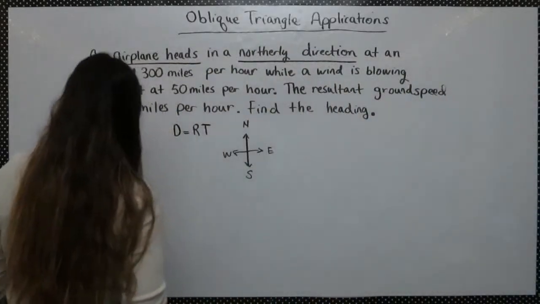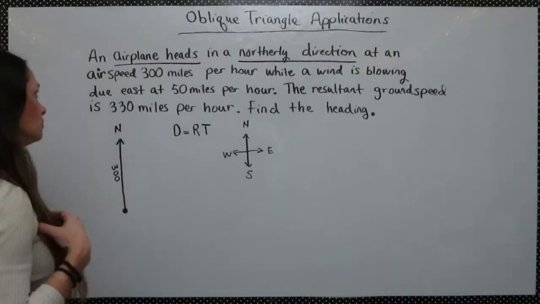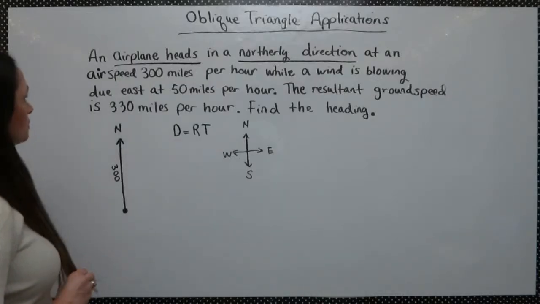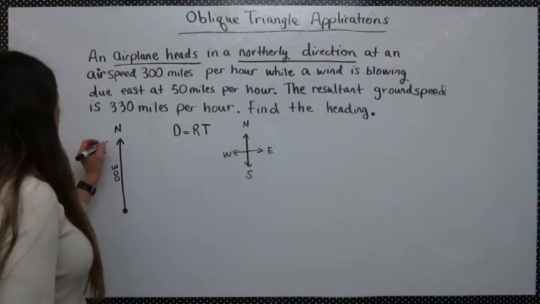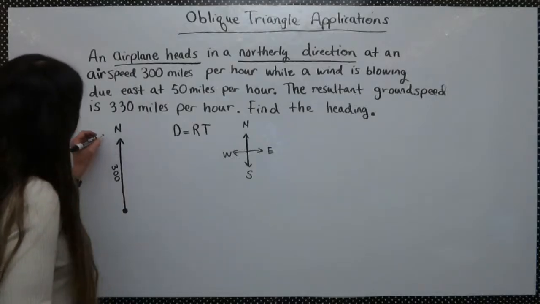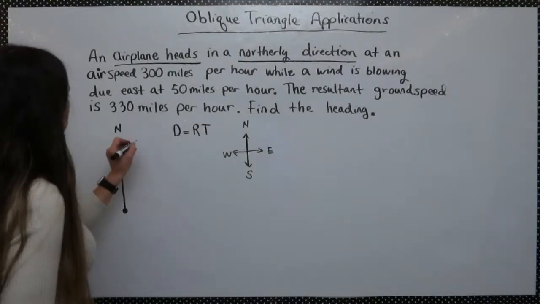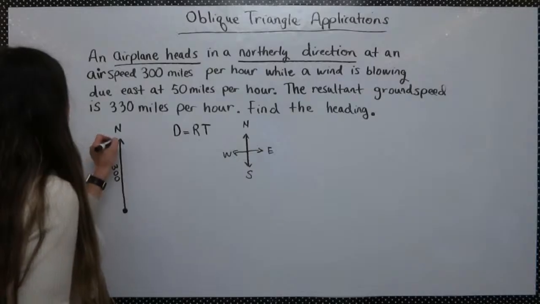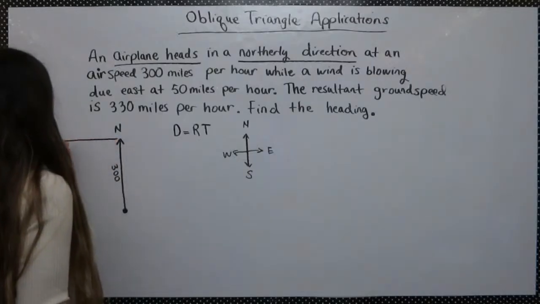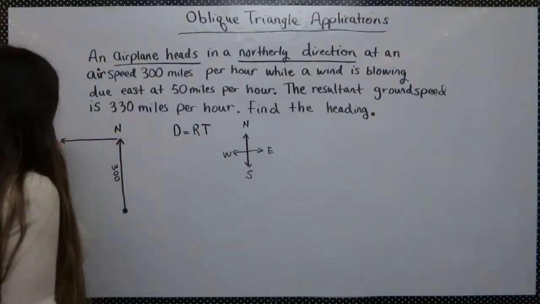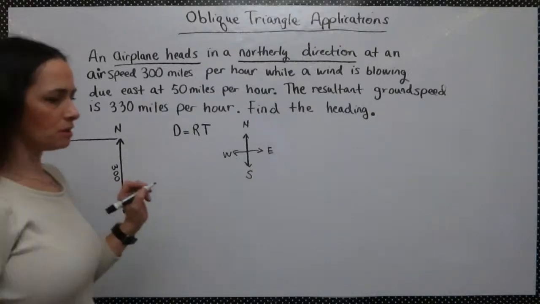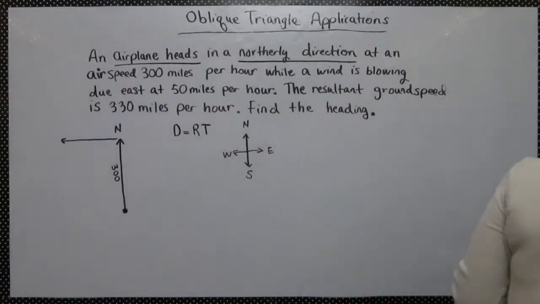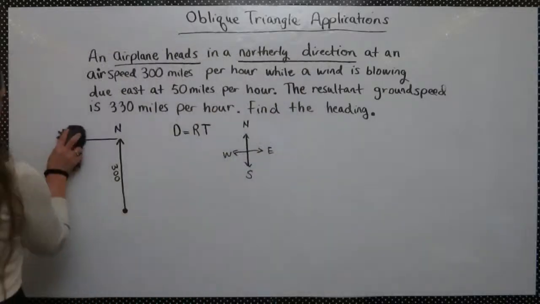So if I have a wind that's blowing due east, then really it's moving in the westerly direction. So we've got this wind that's pushing the plane this direction, and we want it to be 50 miles per hour. So we're going to have to come up with a unit measure.